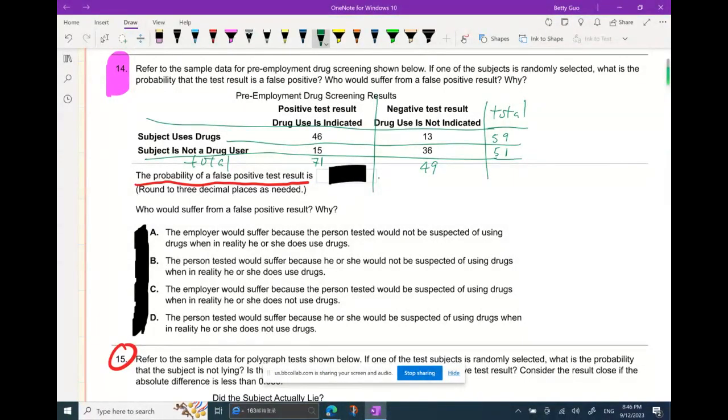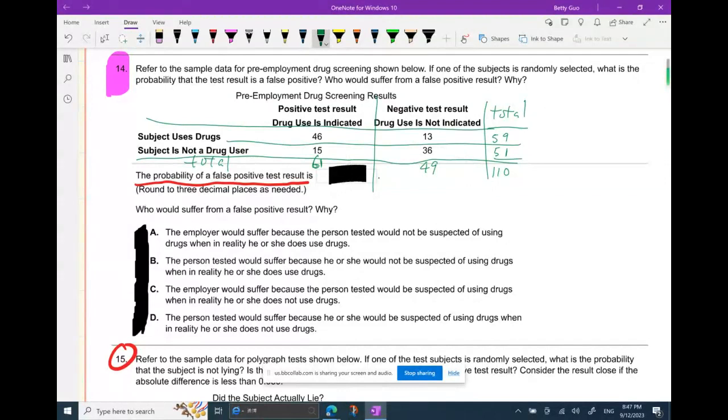This one is 61. And altogether, what do we have? 110, right? And that is 110 as well.